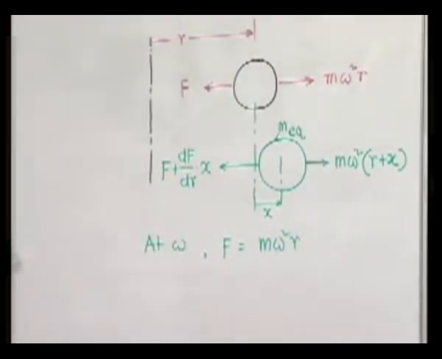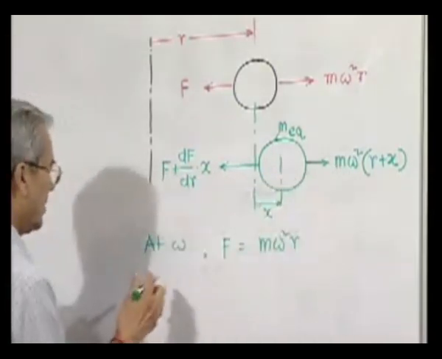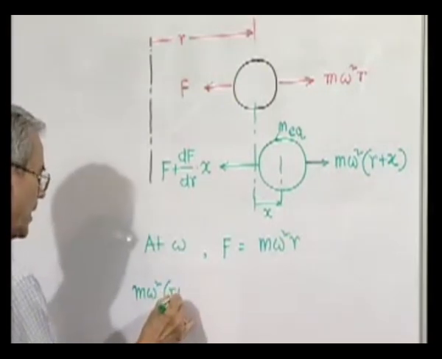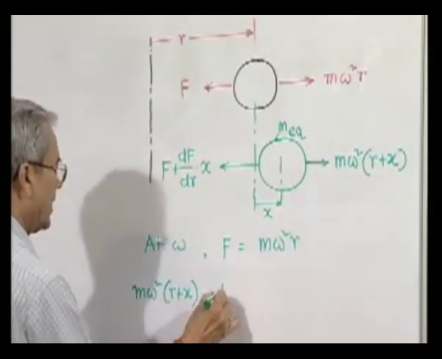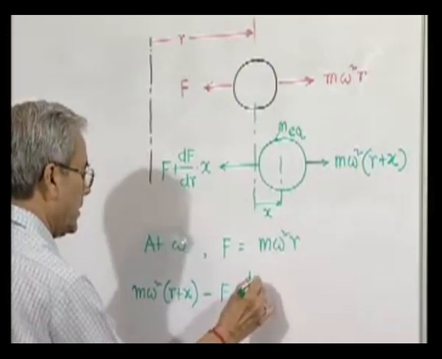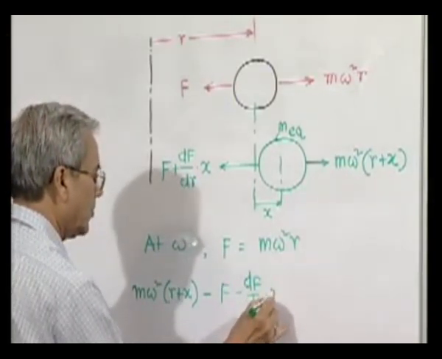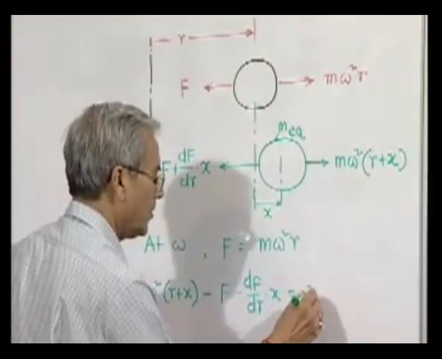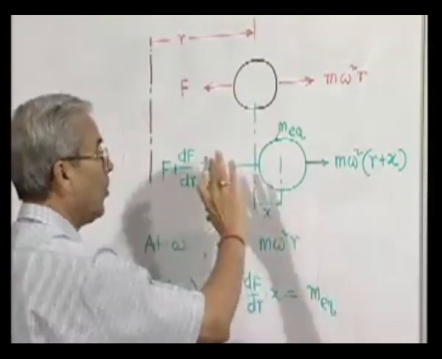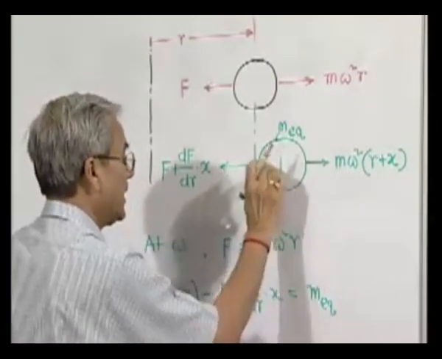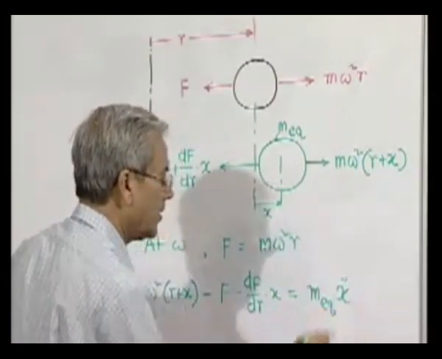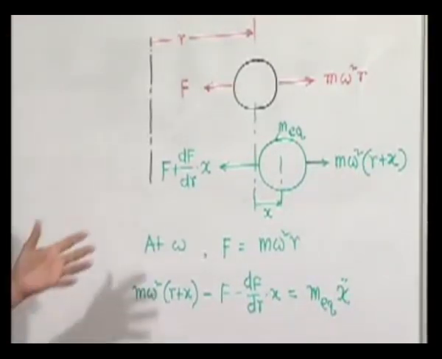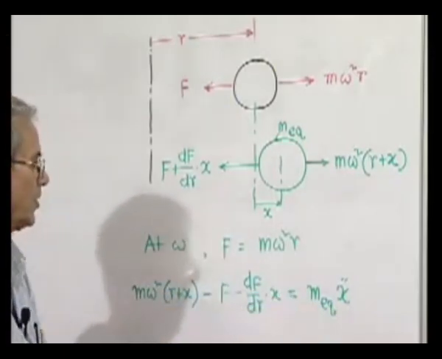So now, what is the total force in this direction? It is m omega square (r plus x) minus f minus df/dr into x, and this total force in this direction must be equal to the mass of the whole inertia of the system represented here into its acceleration. Now, displacement from the equilibrium position is denoted by x, so the acceleration will be denoted by x double dot.